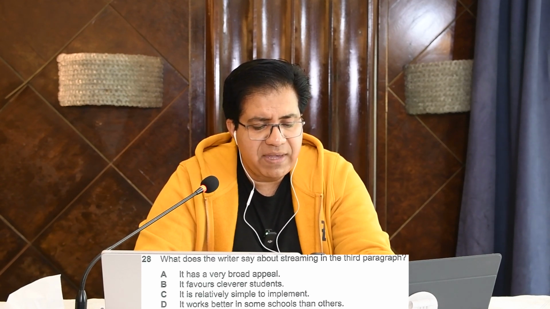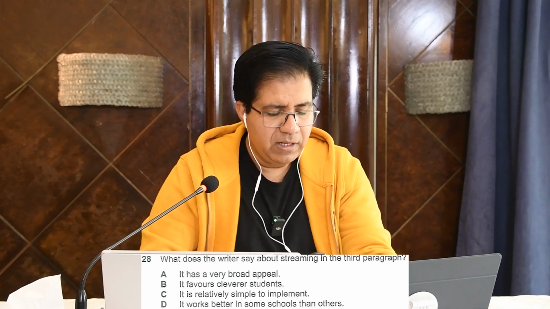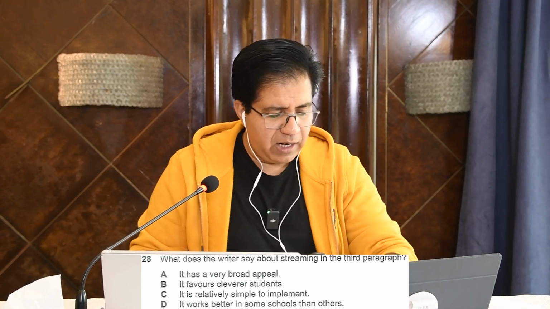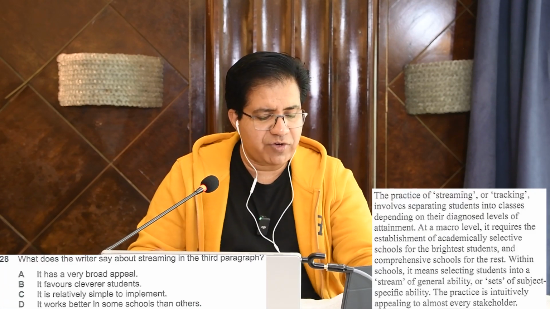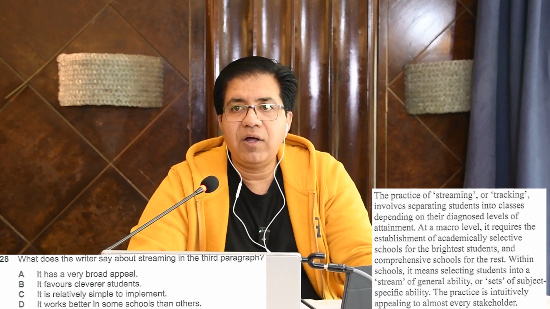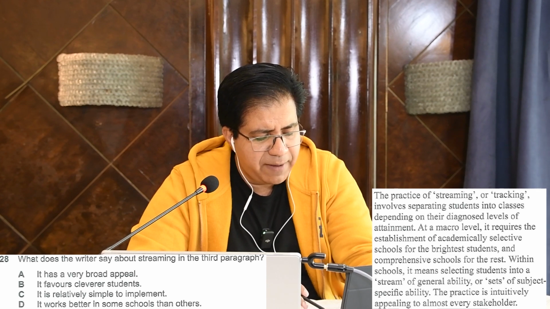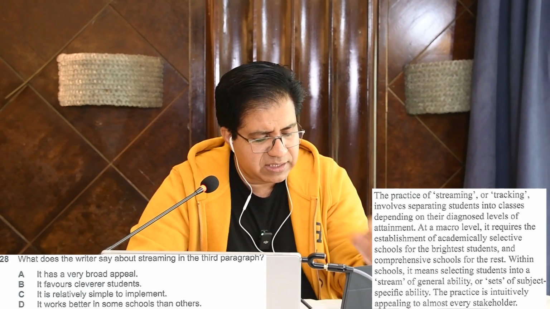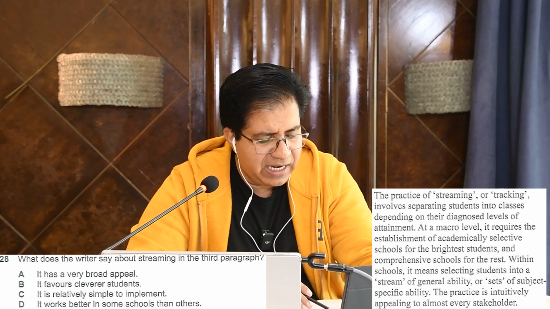Question number 28. What does the writer say about streaming in the 3rd paragraph? Streaming in 3rd paragraph. 1, 2, 3. Okay, what does the writer say about streaming in 3rd paragraph? The practice of streaming, found it? Yes, okay. The practice of streaming or tracking involves separating students into classes depending on their diagnosed levels of attainment.